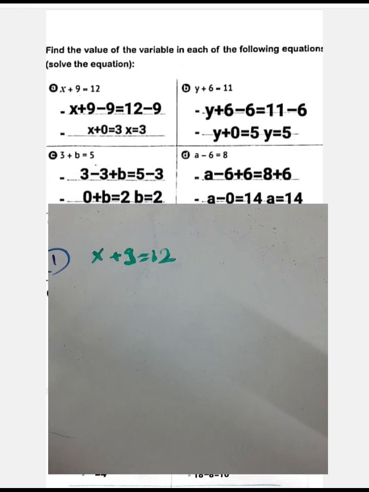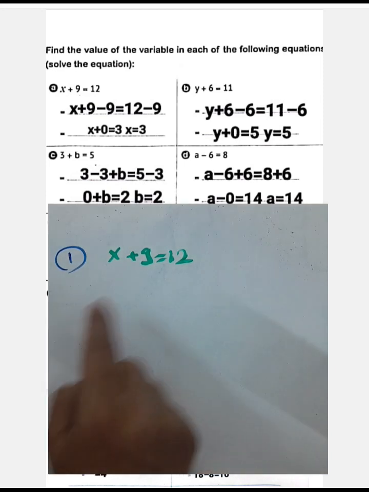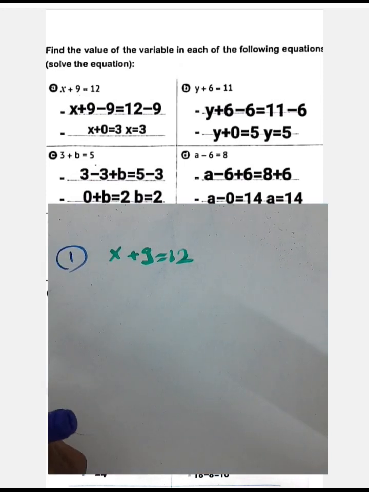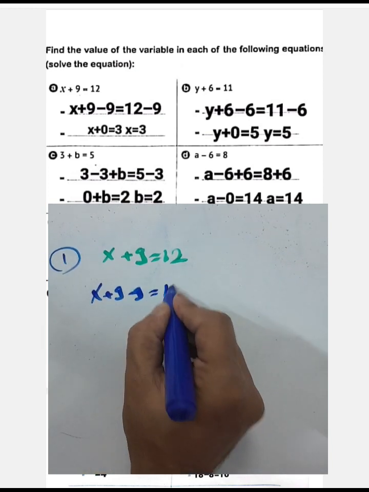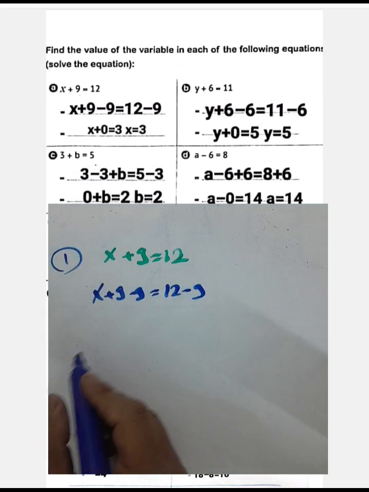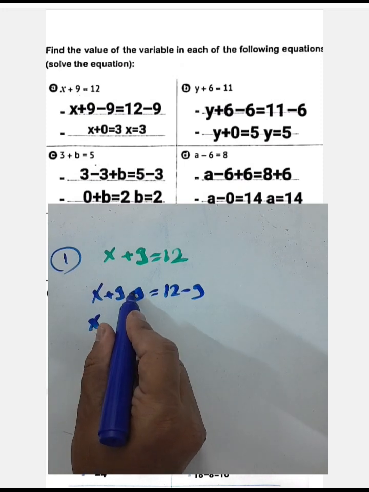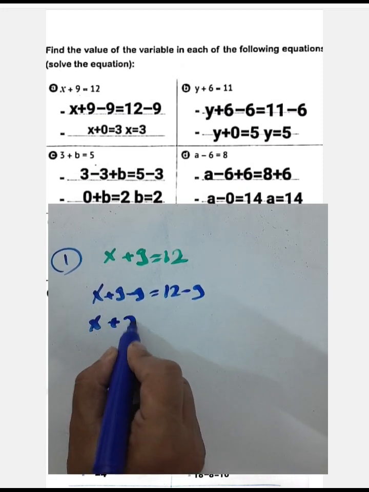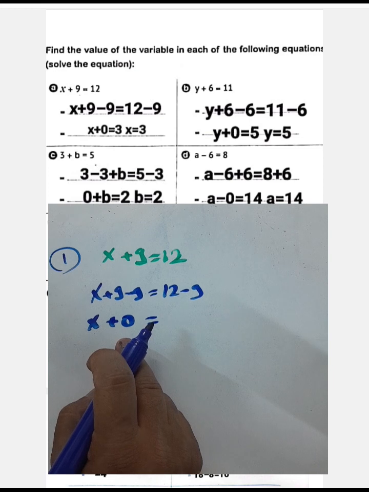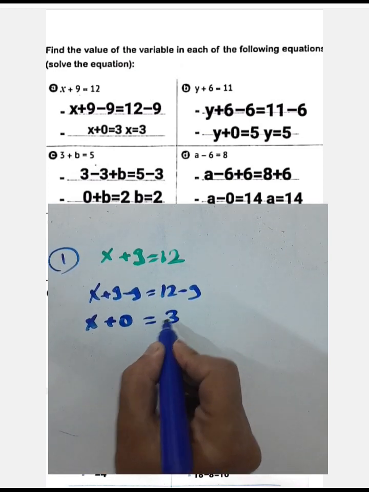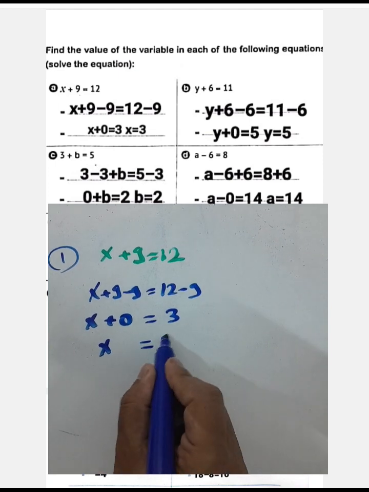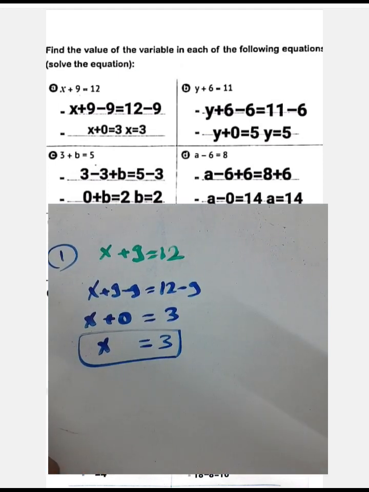We can find the unknown by adding the additive inverse of 9, which is negative 9. Then x plus 9 subtract 9 equals 12 minus 9. 9 subtract 9 equals 0, which we call the additive identity, and 12 minus 9 equals 3. Then x plus 0 equals x equals 3. That is the first equation.